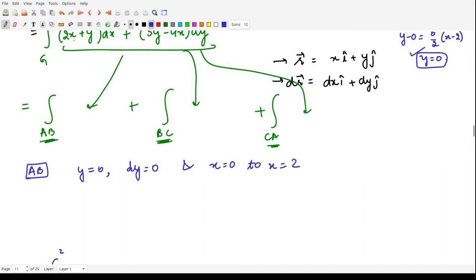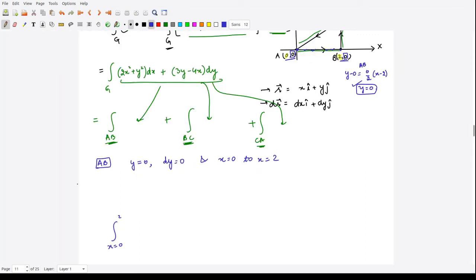Now in place of x I am writing x, so it would be clear to you now. In place of y I am writing 0, in place of dx I am writing dx, plus in place of y I am writing 0, in place of x I am writing x as such, and in place of dy I am writing 0. So this is across AB.